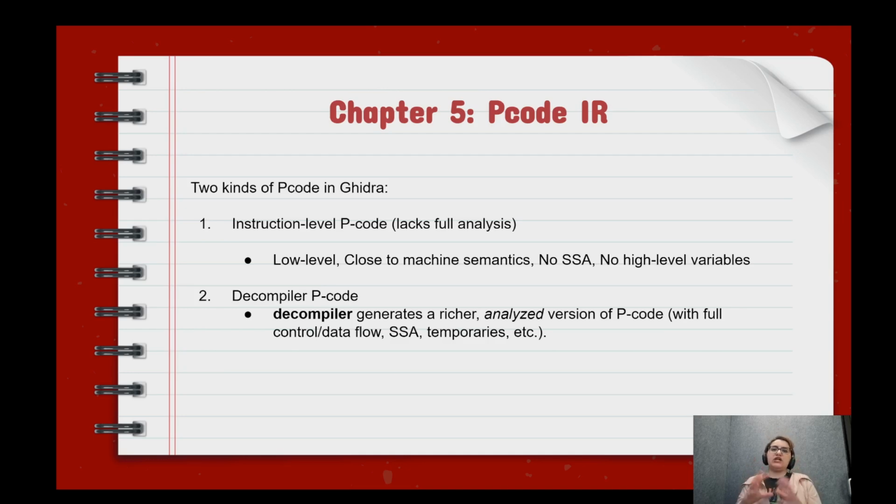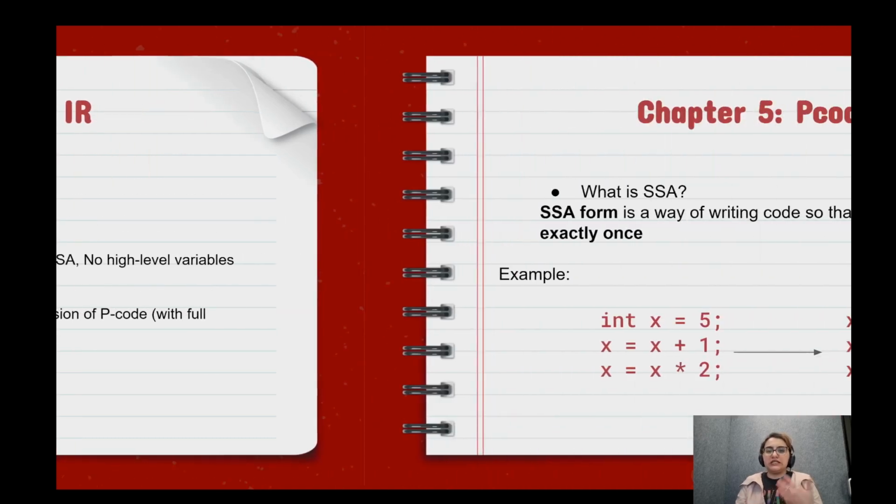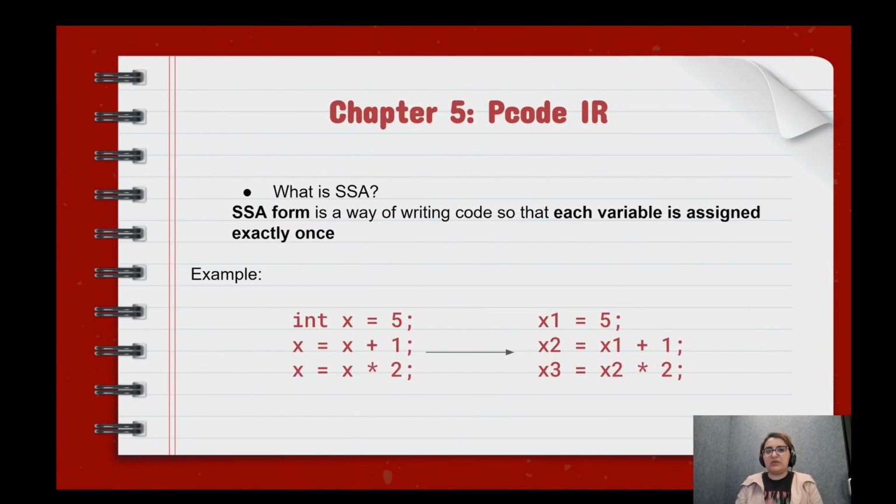The decompiler generates a richer analysis of the Pcode, and it comes in an SSA format. So generally, for some analyses such as data flow analysis, we use the Pcode on top of the decompiler interface. In this slide, I use the term SSA.